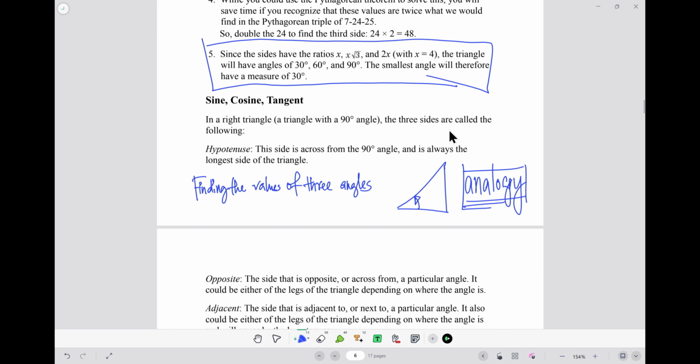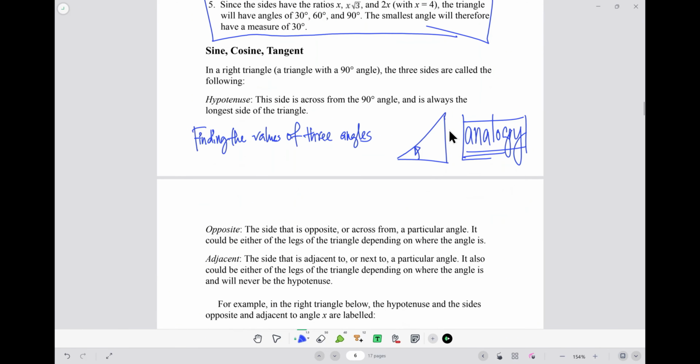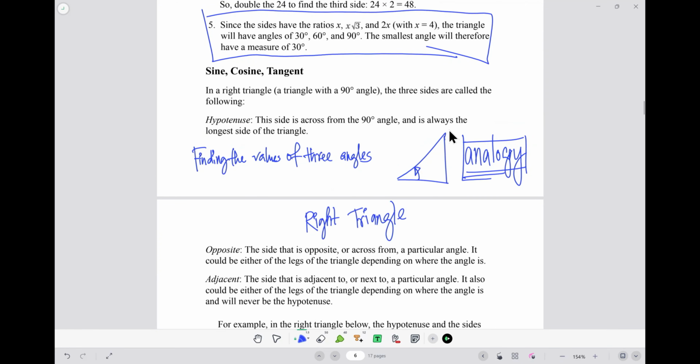The trigonometric analogy takes the approach of modeling a scenario using a right triangle, and then you apply some basic trigonometric rules. Do you understand what I'm talking about?